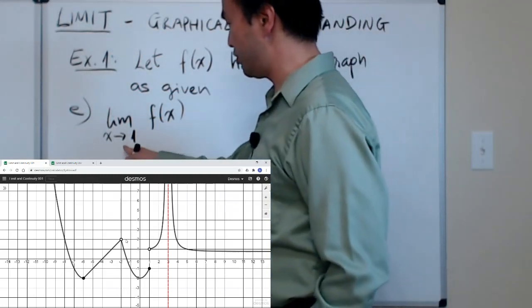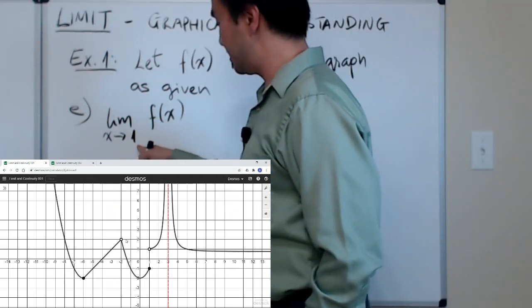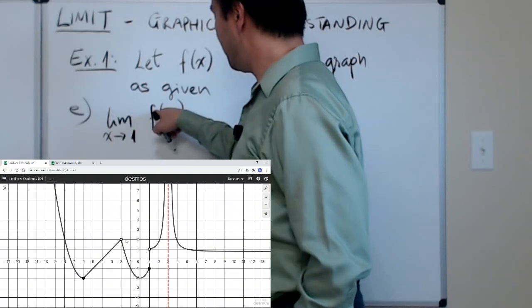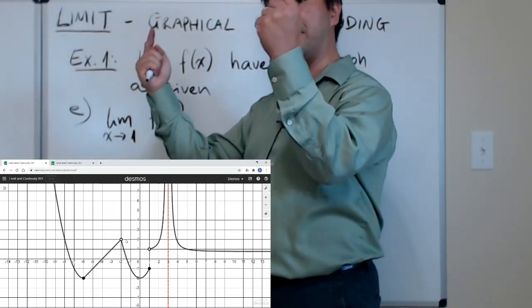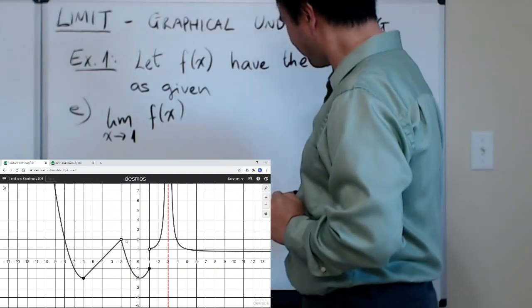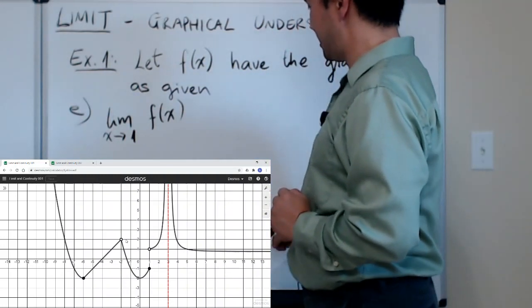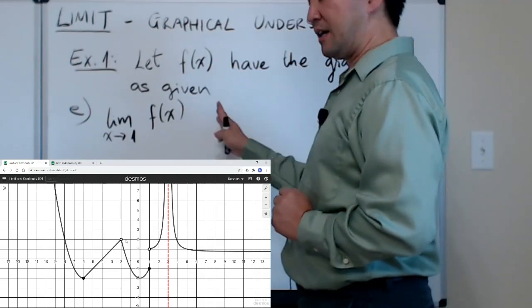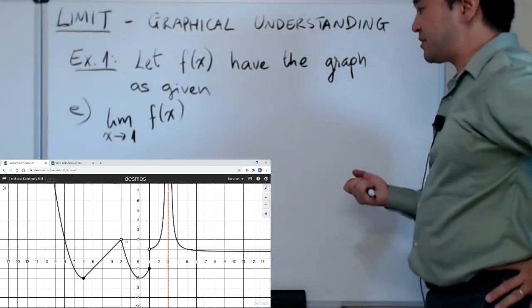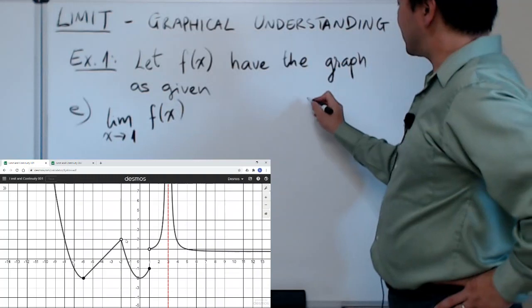Once again, I'm doing two-sided limits here. I want to find the limit of this function as I'm letting x get close to 1, generally from both sides. Once again, it is our responsibility to tear this down to two separate estimates, starting from the left-hand side.